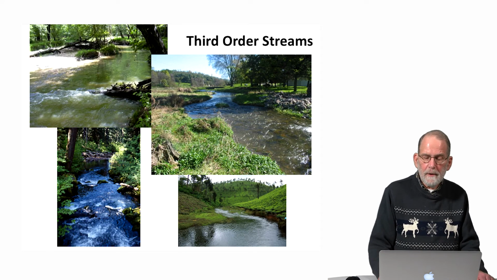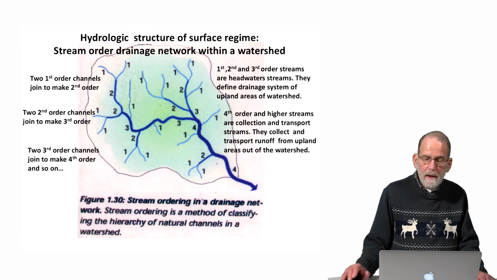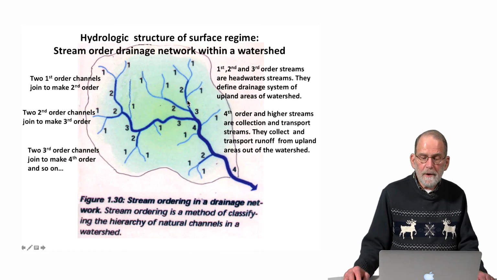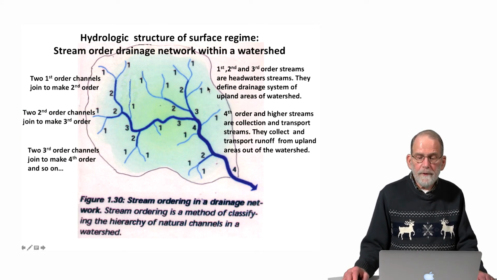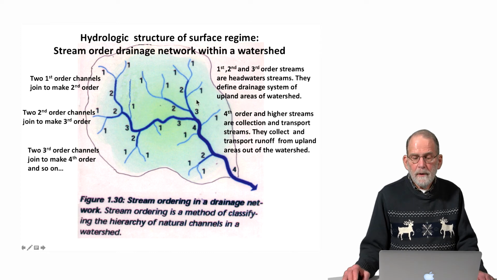A third order channel is draining a larger watershed. By that I mean that this third order channel is draining all of this land, whereas this first order channel is draining only this land. The second order channel is draining this land. And that first order drains into the second order.